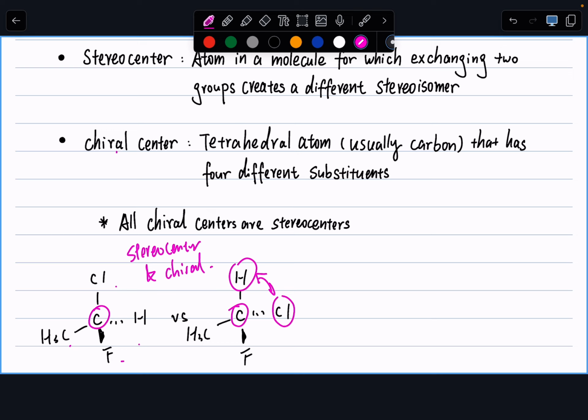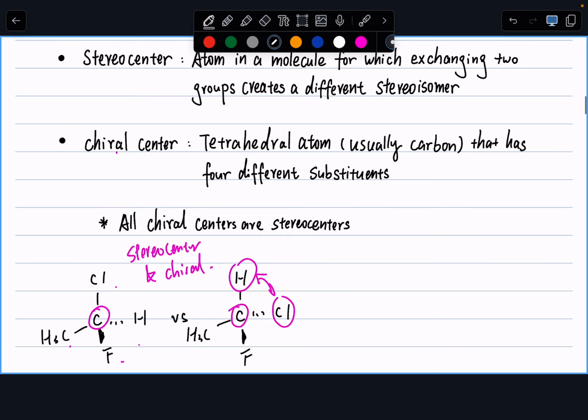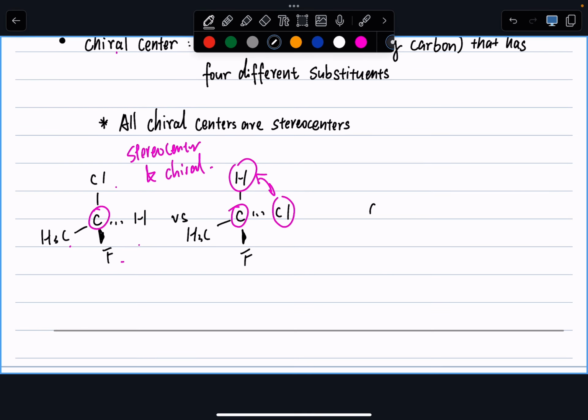We can also have an example where a carbon or an atom is a stereocenter but not a chiral center. Let's imagine we have a carbon-carbon double bond, like trans-2-butene. And at the same time, we can also have cis-butene.